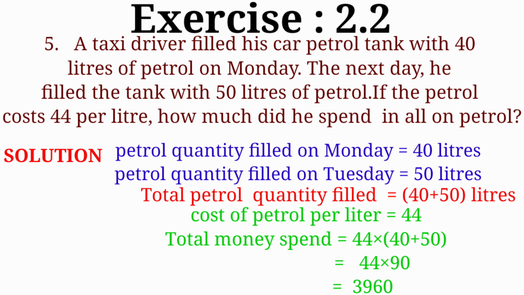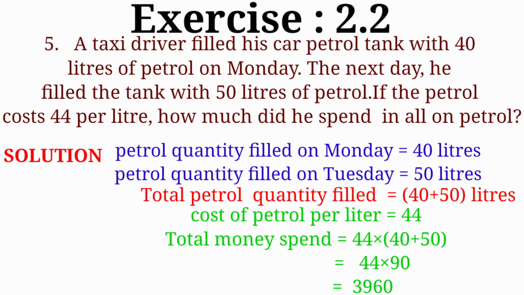See students, here either you can do 44 into 90, or you can do 44 into 40 plus 50. It is the same kind of distributive property. So here also I'm doing it in that form, but you can do 44 into 90 as well. So 44 into 40 plus 50, again we'll solve the bracket first, it will come to 90 only.